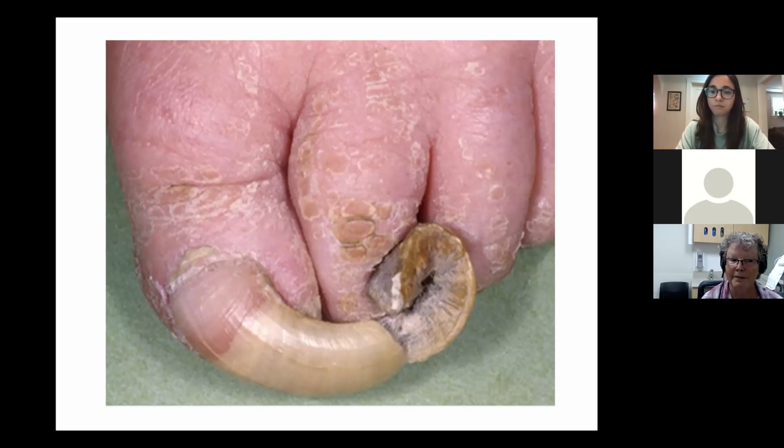Patients that have had a lower extremity cellulitis requiring hospitalization and it's determined that it was due to untreated tinea pedis and onychomycosis, then yes, we will definitely try to get those toenails as cleaned up as possible.